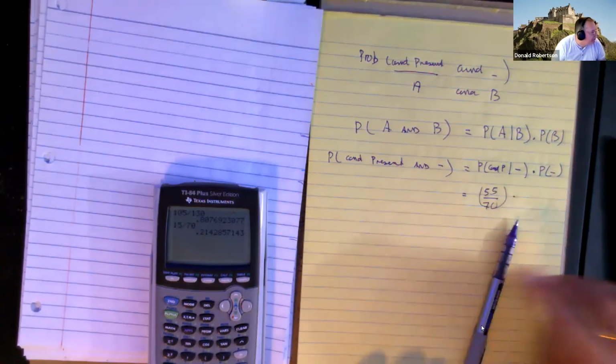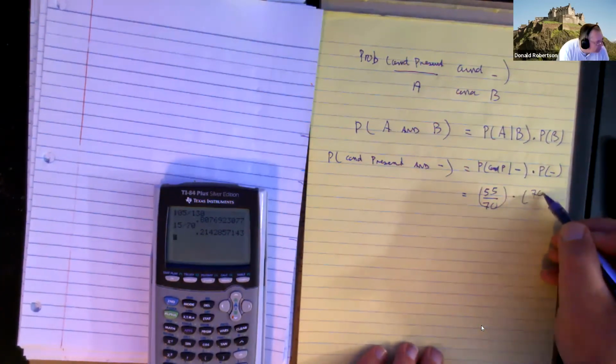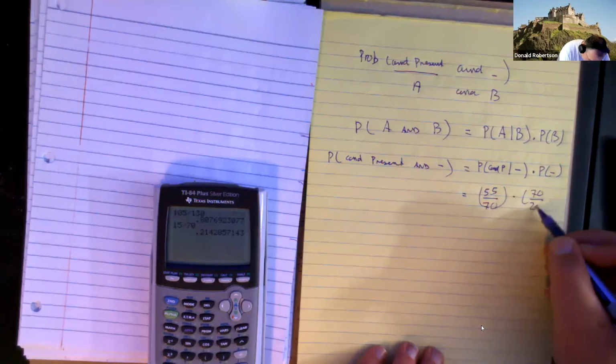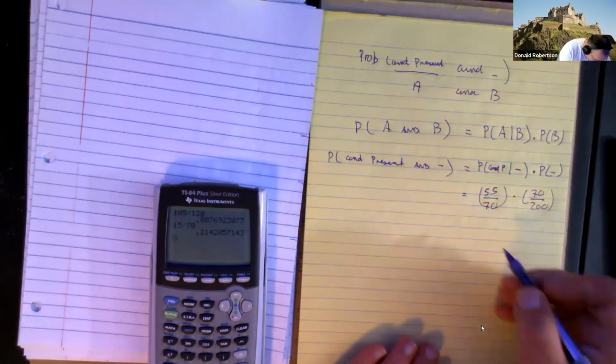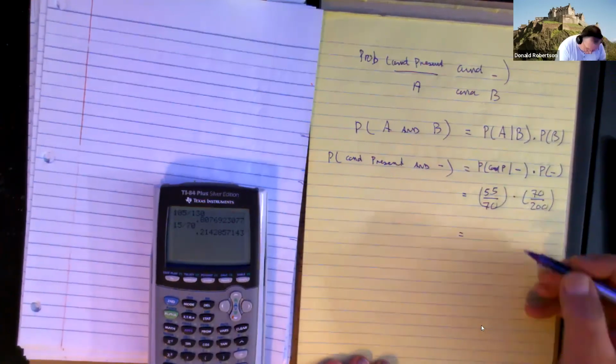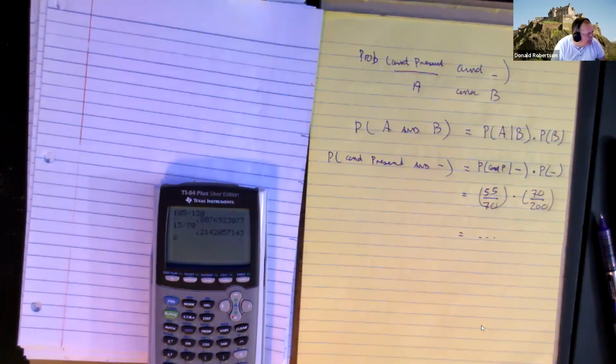And the probability that you test negative was 70 people out of a total of 200. So you put that package together and I'm running out of time here. Can you just multiply it and get your answer? Are we cool with that?